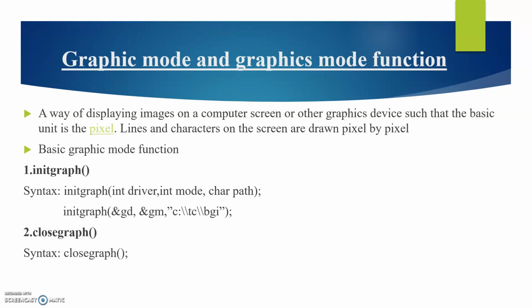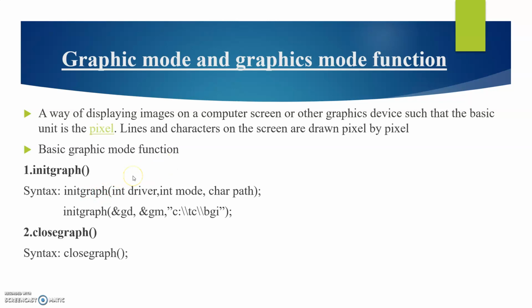To change from text mode to graphics mode, we use the function initgraph. Basic graphics mode functions are initgraph, closegraph and putpixel that we have studied in our theory.